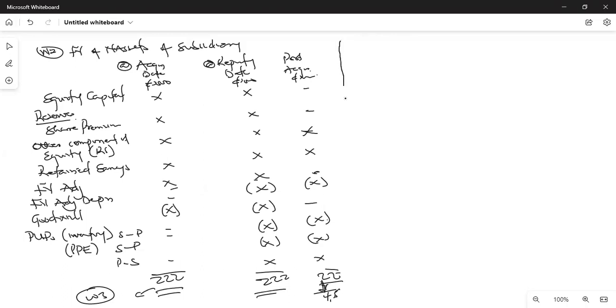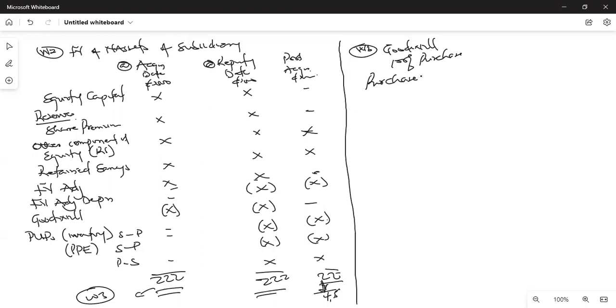Let's now go in and look at workings 3, which is very interesting. Now, assuming you bought 100% of the company, that one becomes so simple. Because if you bought 100% of the company, then all you need is your purchase consideration, the money that you pay.